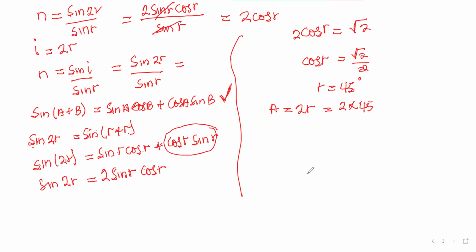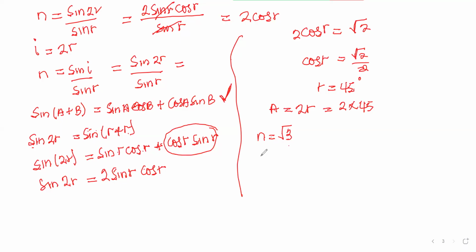The angle of minimum deviation for a glass prism with refractive index equal to √3 equals the refraction angle of the prism.